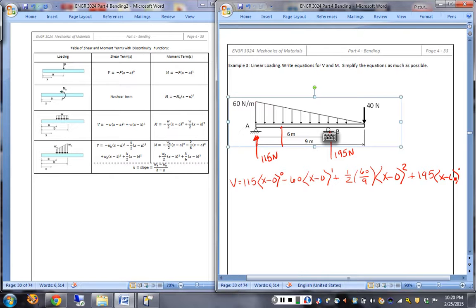This is the term for the reaction at B, and we did not write the term for the 40 newton force because it's all the way at the right end. The right end is ignored.